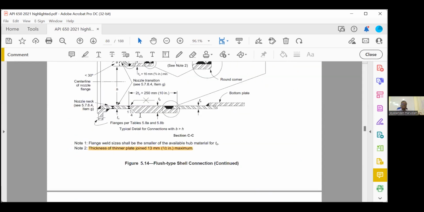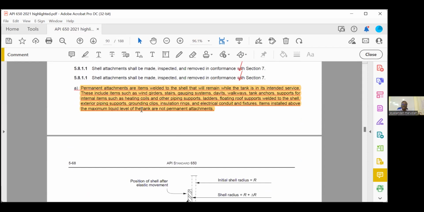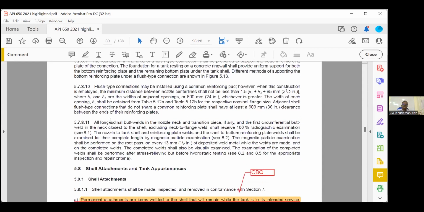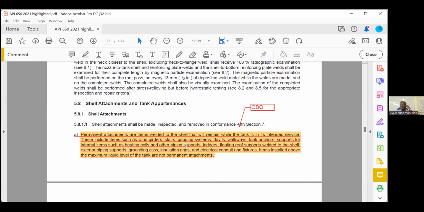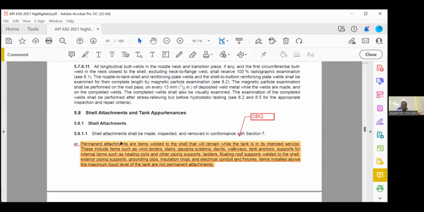So here, page number 5-67, permanent attachments, shell attachment, permanent attachments including wind girders, all these things. 5.8.1.1. Page number 5-67. These are the permanent attachments. You have to search for the heading. That's all.